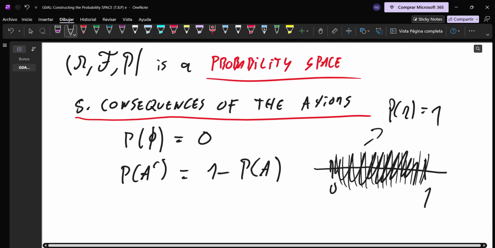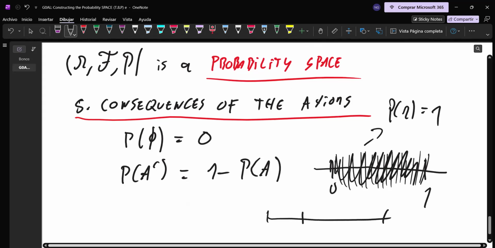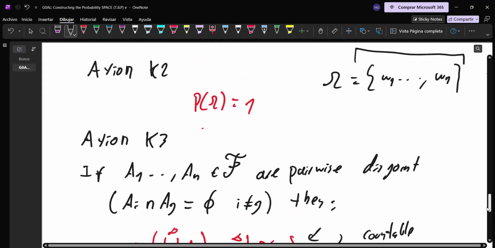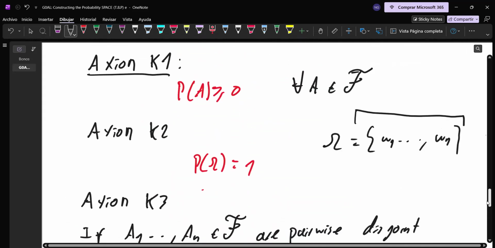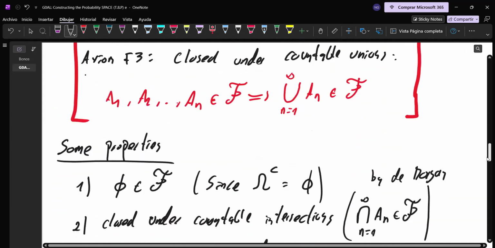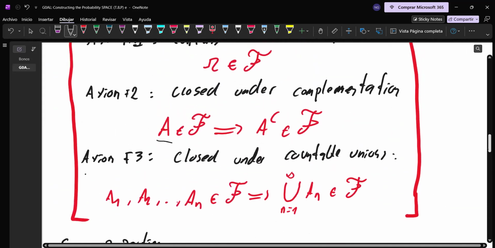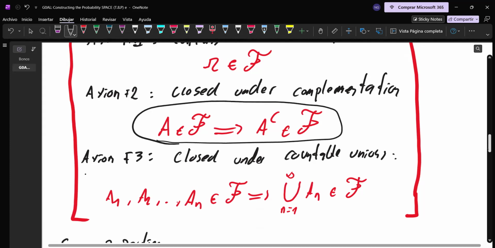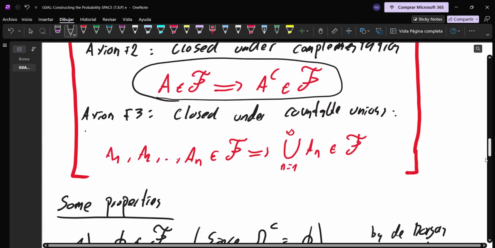And what is the probability, for example, of this R's complement? I know that the complement is a part of the whole thing.